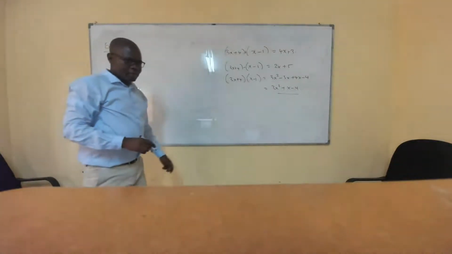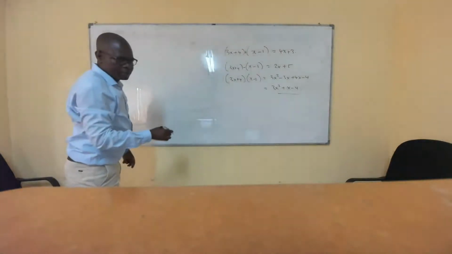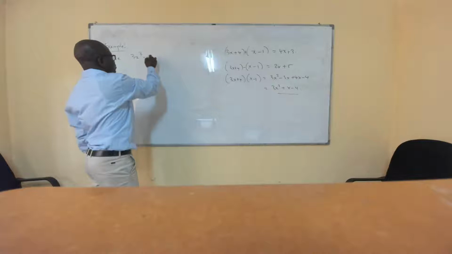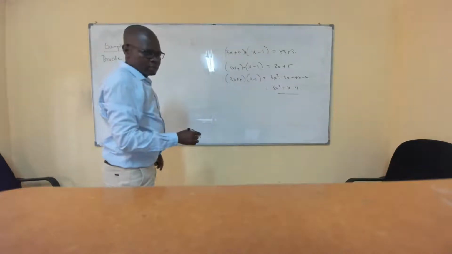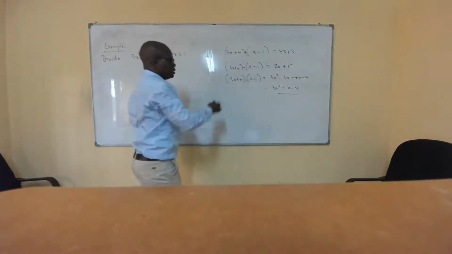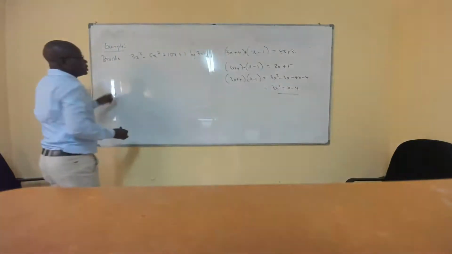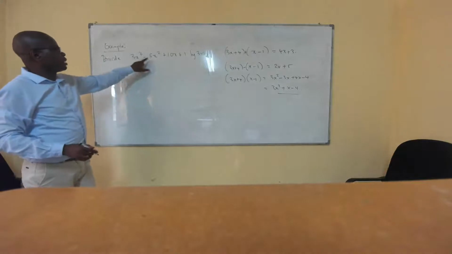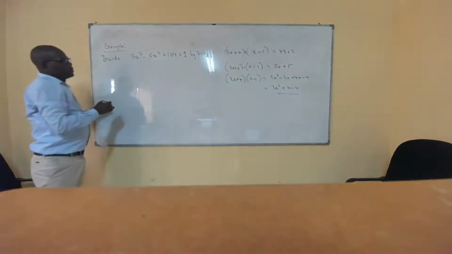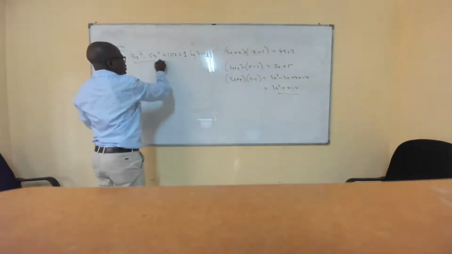So we are asked to divide 3x to the power 3 minus 5x squared plus 10x plus 1, and we need to divide it by 3x plus 1. So this is a polynomial. The a_i's are minus 5, 10, and the constant a_0 is 1. You are dividing this by that. This is called the dividend.